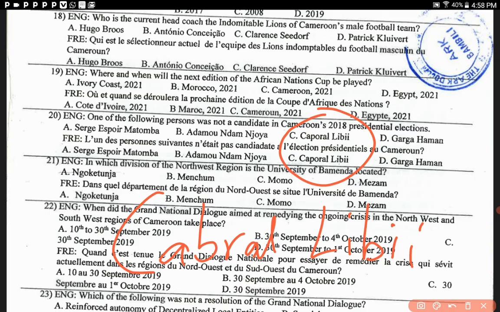So the answer will be C to that effect. Cabral Libii was, of course, the flag bearer for the political party PCRN. Until today, he is still the flag bearer for that political party as of the date of this tutorial.